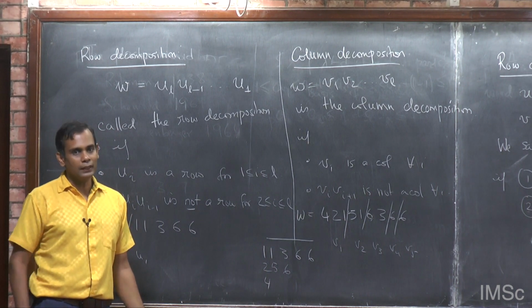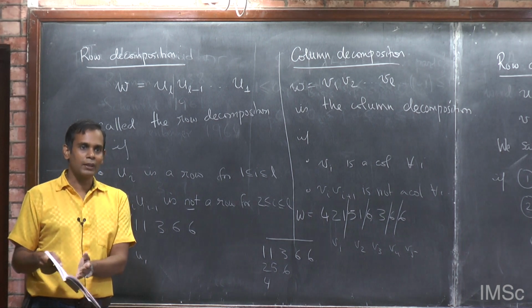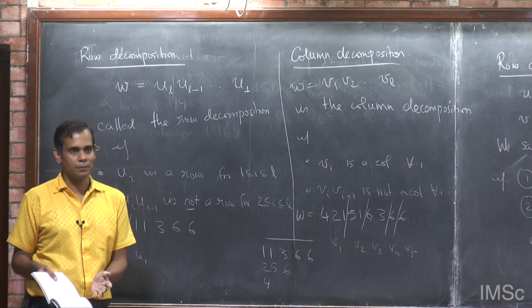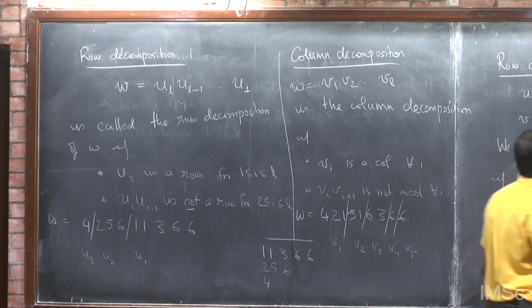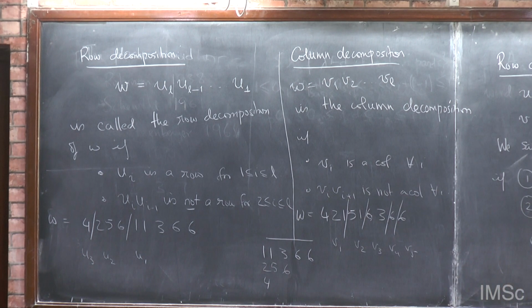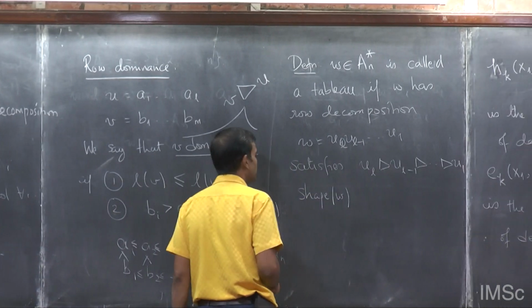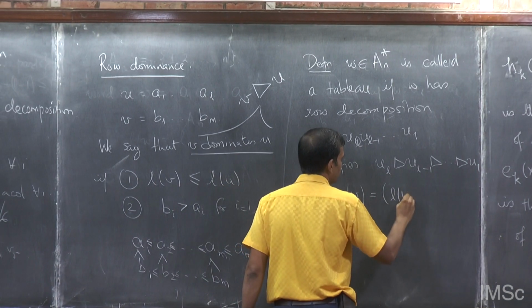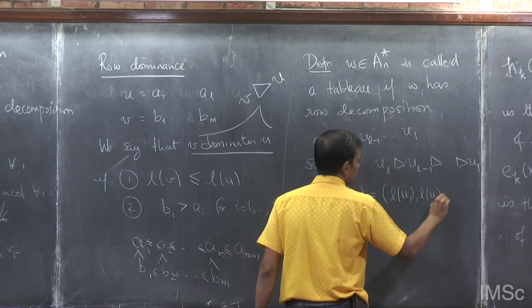So, the set of tableau words is clearly in bijection with the set of semistandard Young tableaux, and the shape. The shape of W is this partition: length of U1, length of U2, and so on.